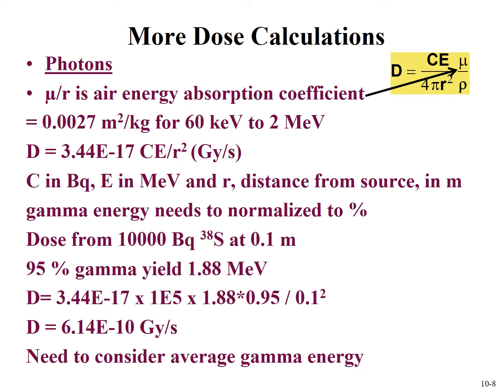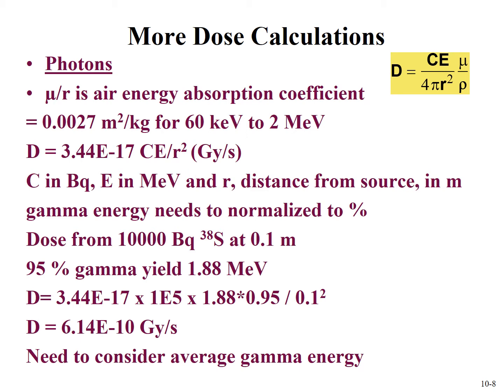We can take our dose term here, we can rearrange it into grays per second as we did for beta and alpha particles, and we get a value that is shown here, 3.44 times 10 to the minus 17 C, which is our activity in becquerel, times E in MeV, divided by R squared, where R is a distance in meters.